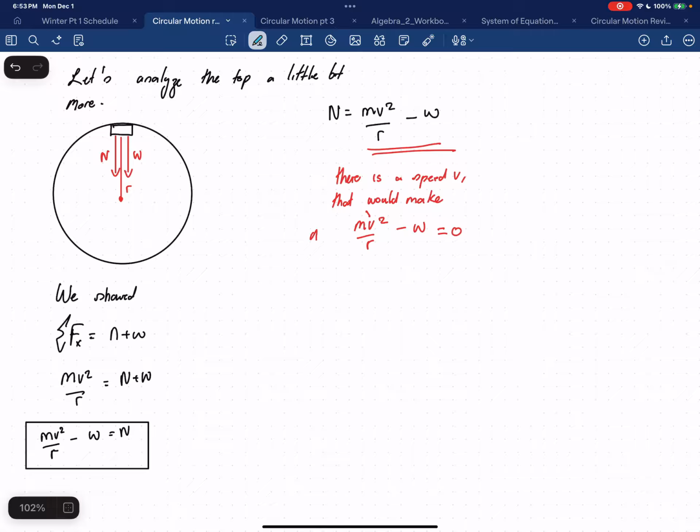If this v here is small enough, there's a point at which it will make N equal to 0.